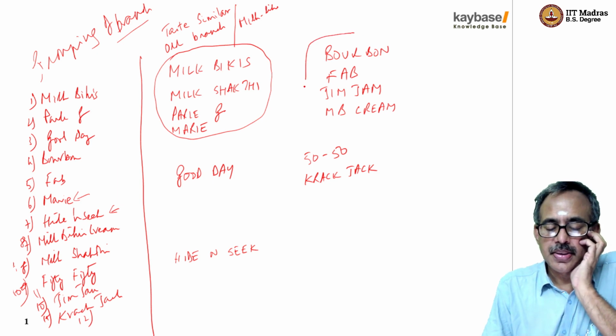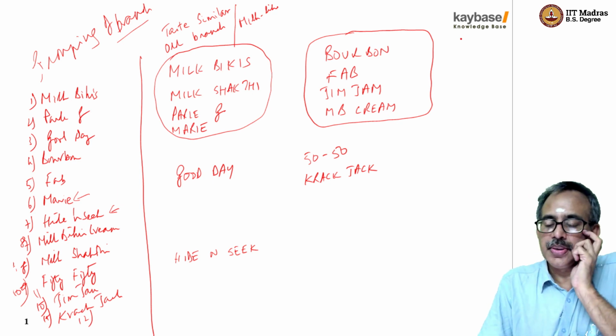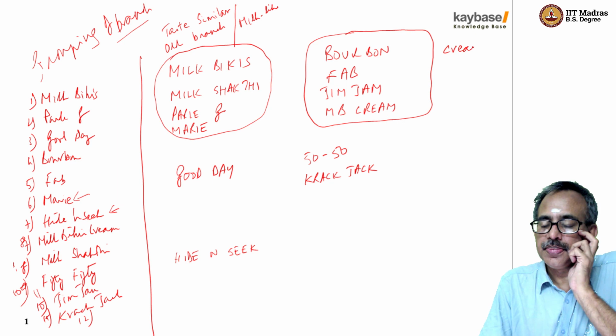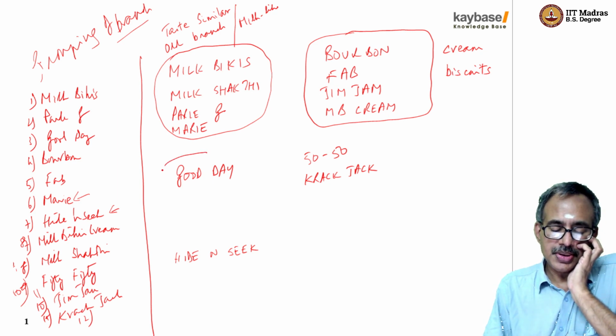How are these brands grouped together? Why are they similar in your mind? These are all cream biscuits, so that's why. Okay. Why is this by itself?